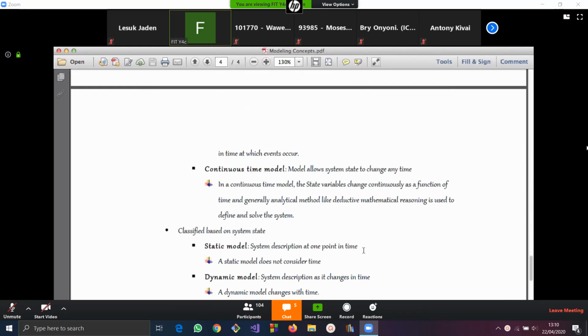It is more about attributes, the behavior of the system, but not time. A dynamic model is a system description as it changes in time. So the converse of the dynamic model is the static model, which does not depend on time.